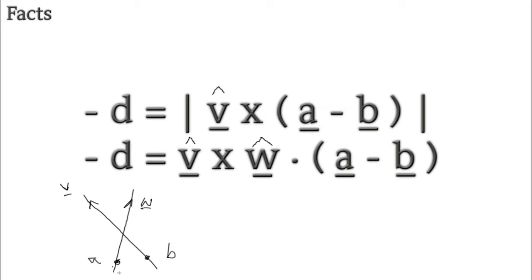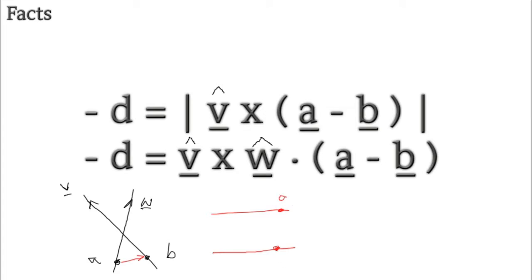And if we dot the vector a − b, which is the vector pointing this way, then we essentially find the distance. So if we look at it from the side on, we should be able to get something like this.